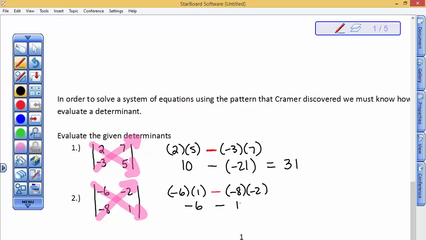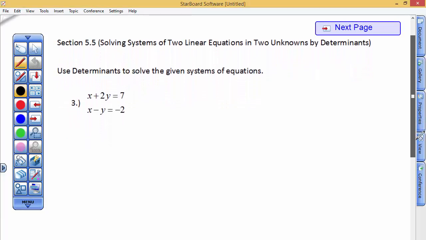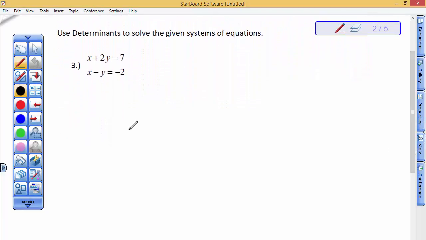All right, so let's see how Cramer put this all together. So first of all, how about if we take this system and solve it by elimination first? So I'm going to multiply the first equation by a negative 1. So this x will become a negative x, the 2y will become a minus 2y, the 7 will become a minus 7, and when we eliminate these x's, we have a minus 3y equals a minus 9, and we divide both sides by a negative 3, and we get y is equal to 3.